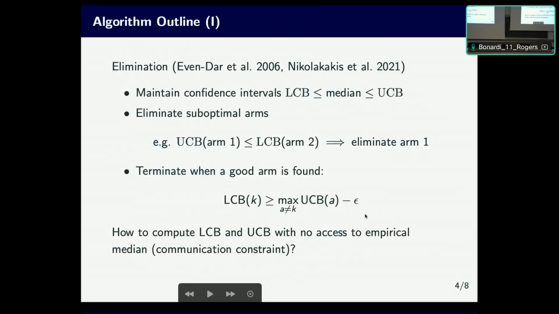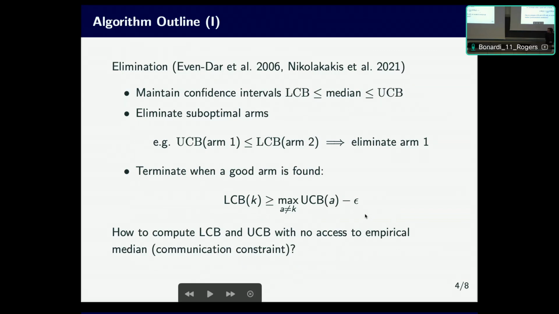And let's say, for example, you have 2 arms, and you observe the UCB of the first arm is less than or equal to the LCB of the second arm. You can safely eliminate arm 1. And you can terminate when you have found an arm that is good enough. So that's the idea of elimination.